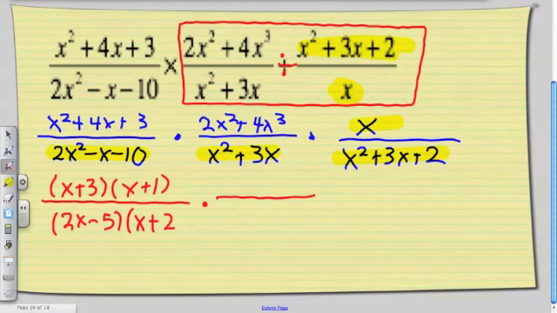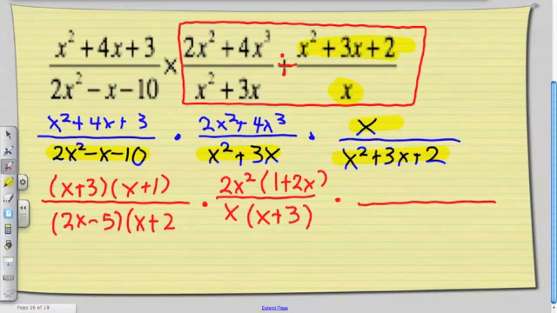The numerator over here is not a trinomial, and it's also not a difference of squares. So I'm going to take the greatest common factor out, 2x squared out, and I'm left with 1 plus 2x, and x times x plus 3. And then I have x times x plus 2, x plus 1.